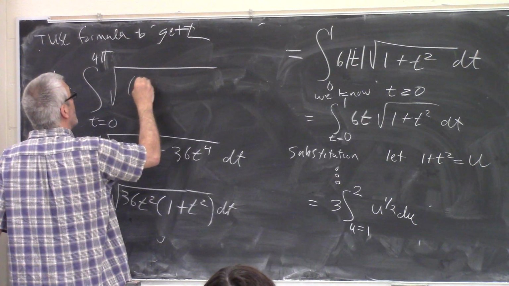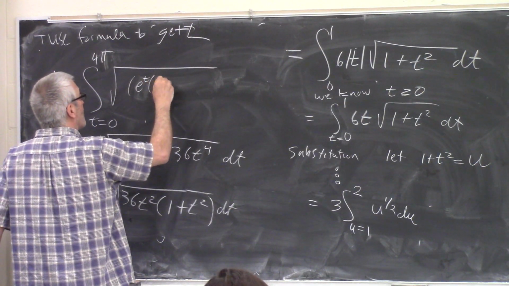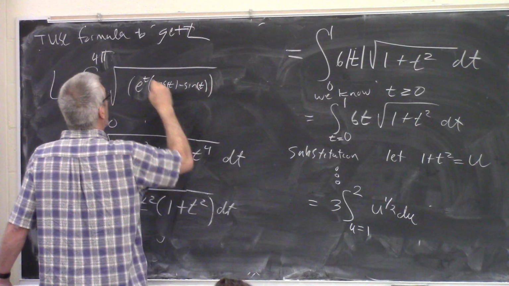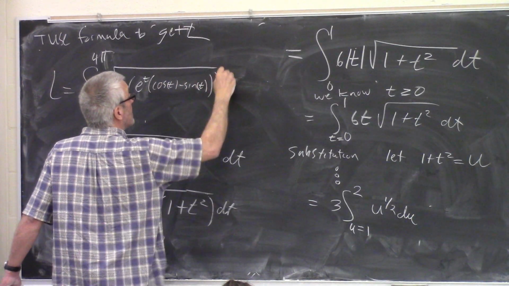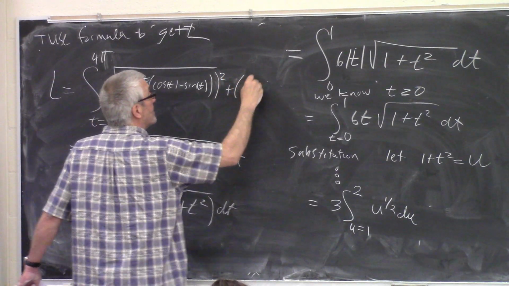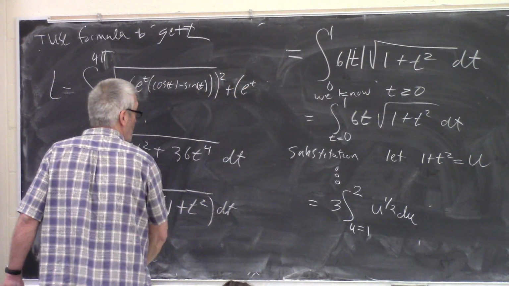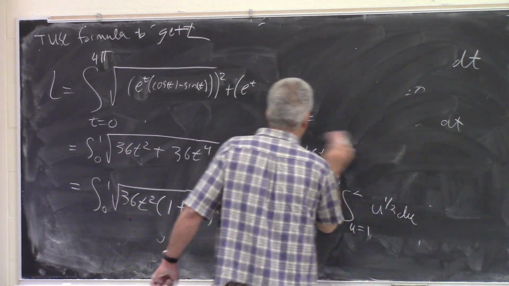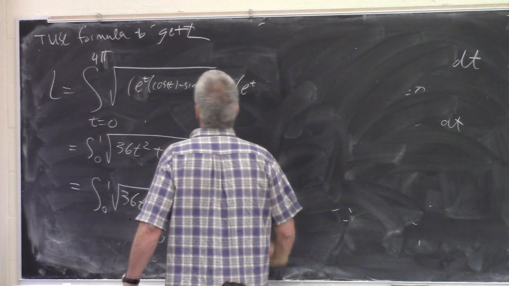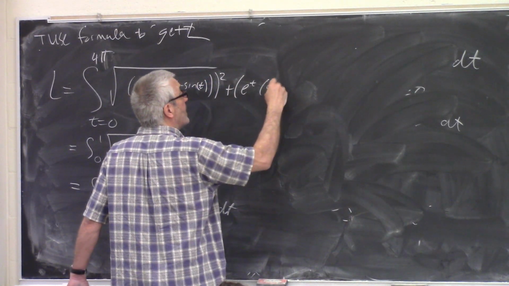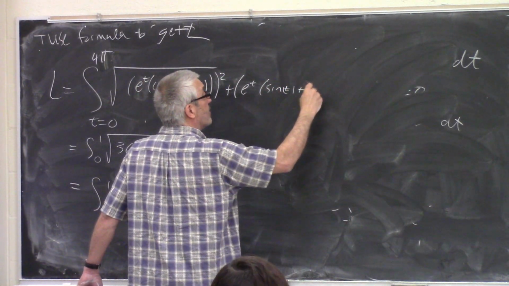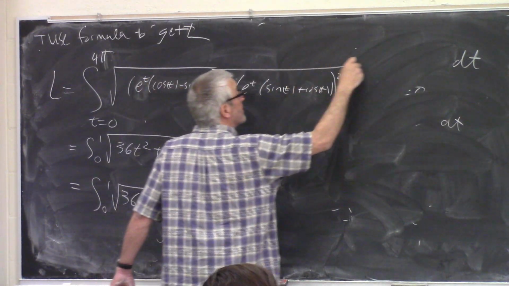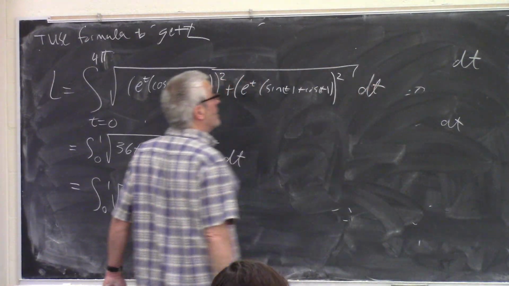Our x prime is e to the t times cos t minus sine t, and that whole thing's got to be squared, plus e to the t times the quantity sine t plus cos t. That whole thing's got to be squared inside of a square root there.